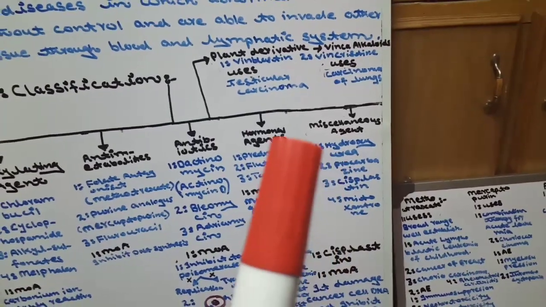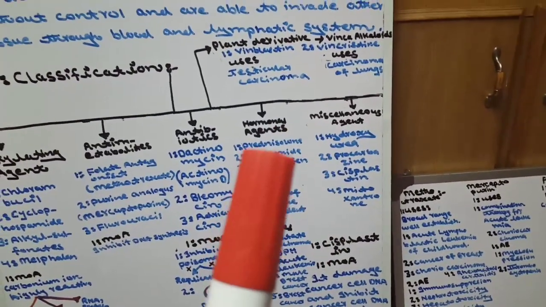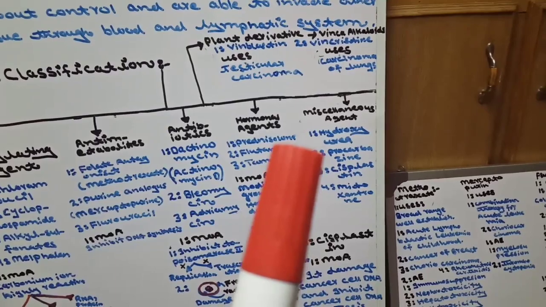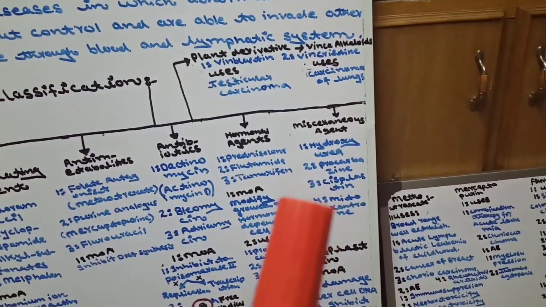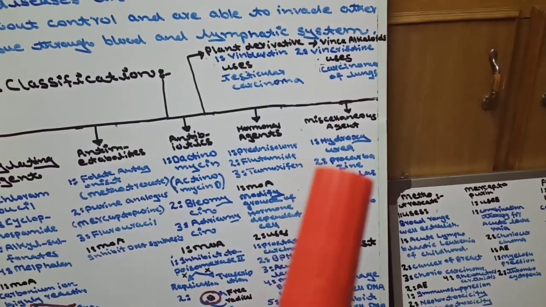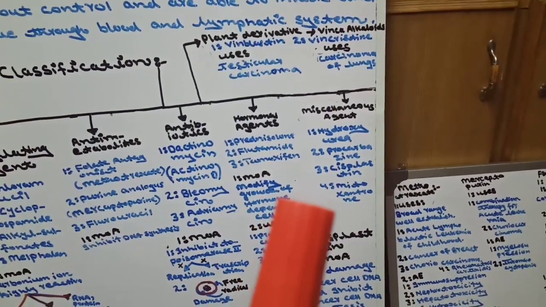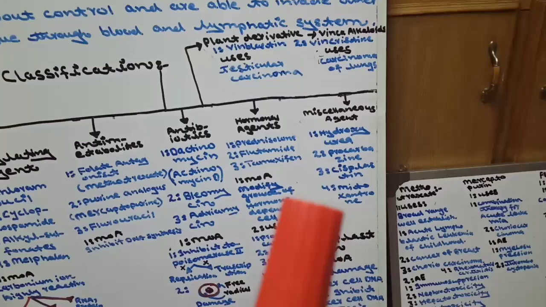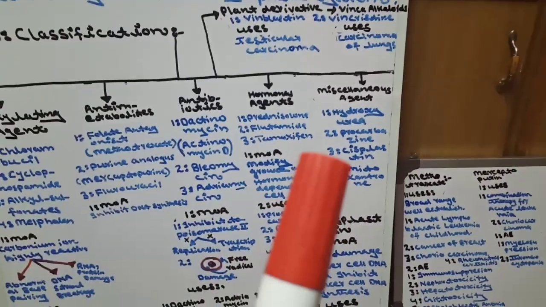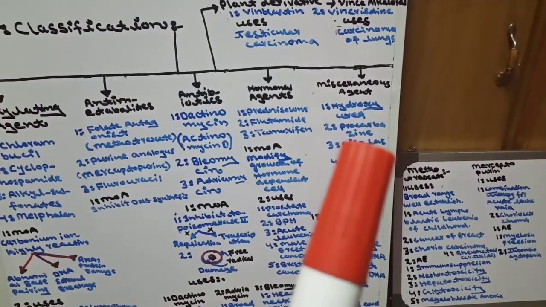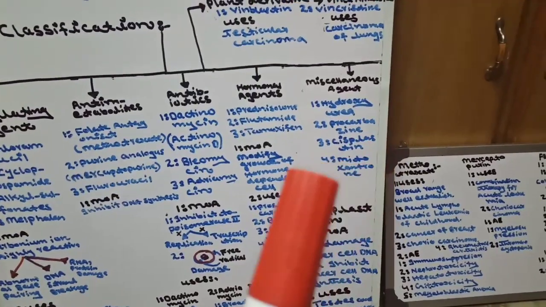In the fifth group, miscellaneous agents, there are 4 types of drugs. Number 1 is hydroxyurea. Second is procarbazine. Third is cisplatin. And fourth is mitoxantrone.